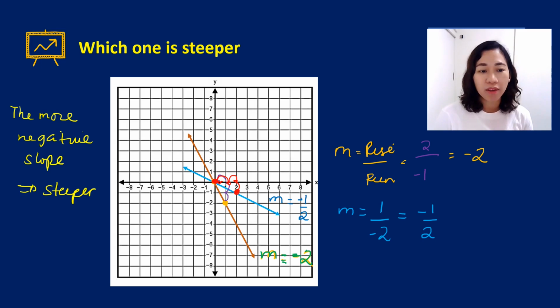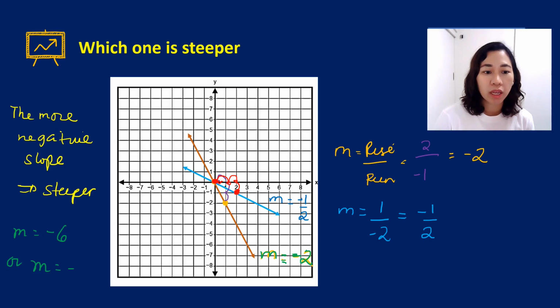So for example, if I ask you, which one is steeper? The one with slope equals negative 6 or slope equal to negative 2? Which one is steeper? The answer is the more negative. So this is steeper. Okay?